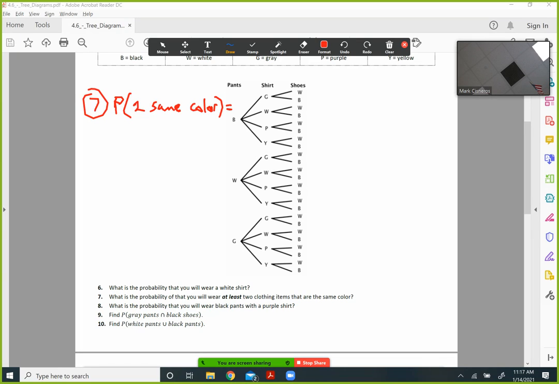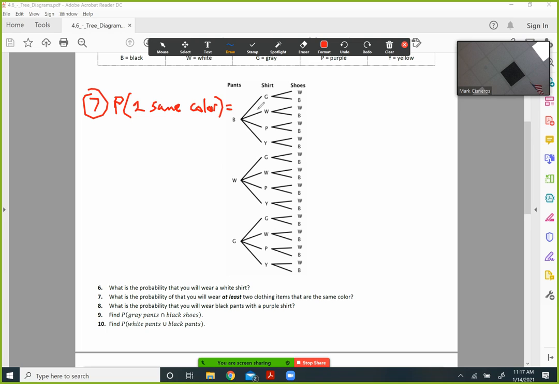I'm just going to try to write it as short as possible. Now, it says at least 2 of the same color. And we're going to include shoes as an article of clothing here. So all we're going to do is count up out of the 24 different times, how many different times does 2 articles of clothing show up at the same color?